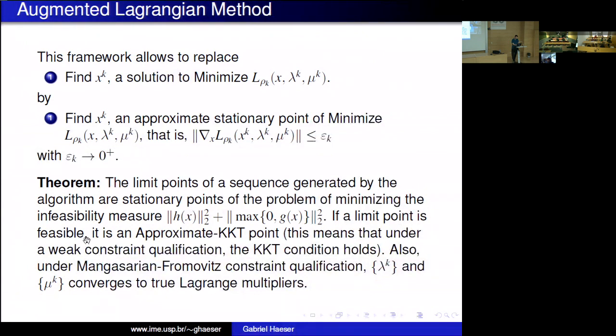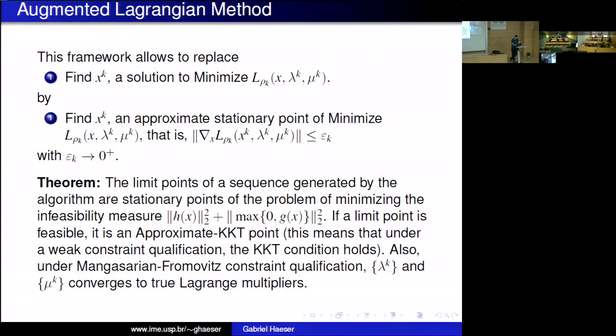but if the limit point is feasible, so if this stationary point for the problem of minimizing the infeasibility turns out to be the global solution, turns out to be a feasible point, then you can prove that the limit point of this sequence generated by the algorithm is an approximate KKT point. Okay, so it's a point that fulfills a good optimality condition, a first-order optimality condition, and this means that if you have a weak constraint qualification, the KKT condition will hold.